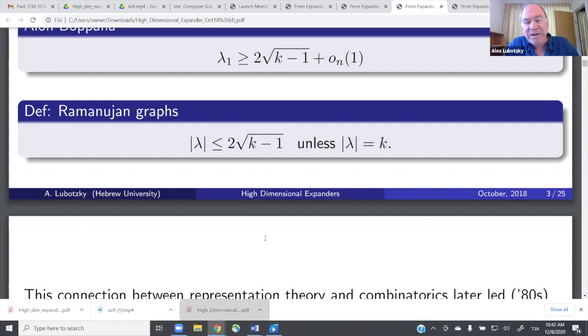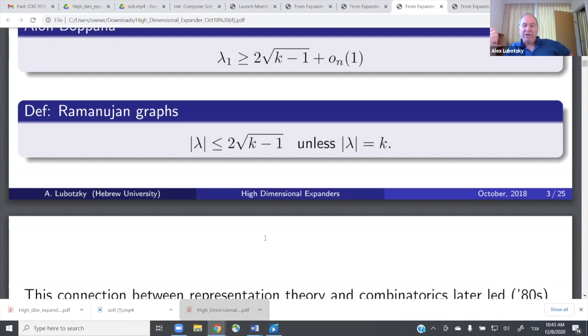But we live in the real world, and we must work with a finite graph, so the eigenvalue k is kind of forced on us, and minus k also if it's bipartite. In some way we want to say that all the other eigenvalues are just as good as in the infinite one. Now, one can think about the infinite graph as the ideal expander.